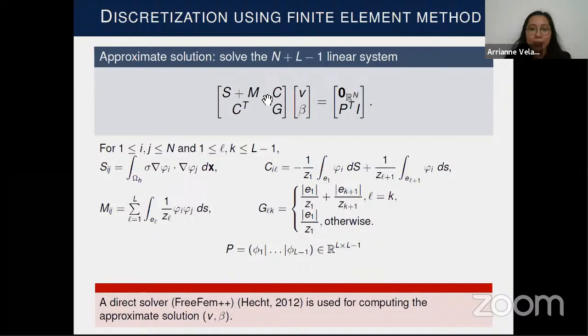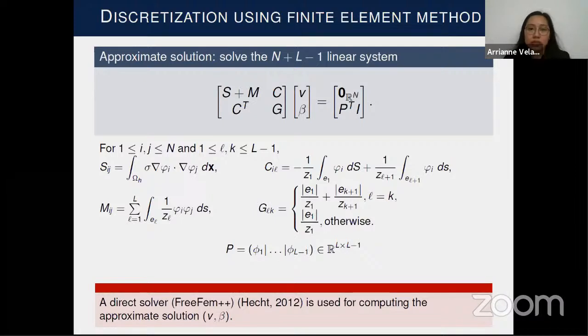So S, M, and C here are matrices with elements given by these integrals. And take note here for G, the absolute value of E1 or EL is just the length for 2D or the area for 3D of the electrodes. P here is the matrix containing phi k's as columns.